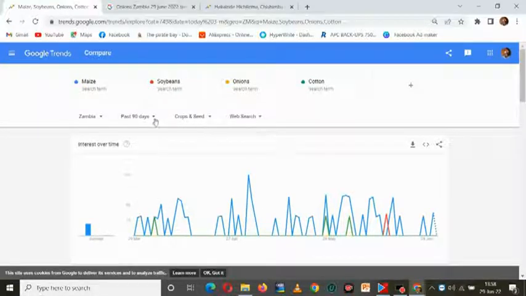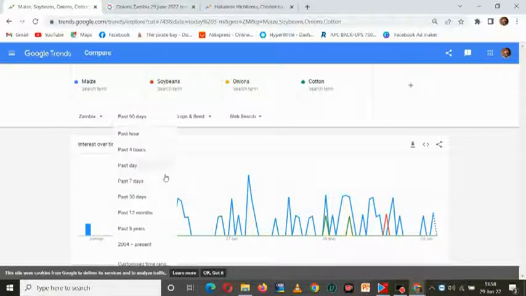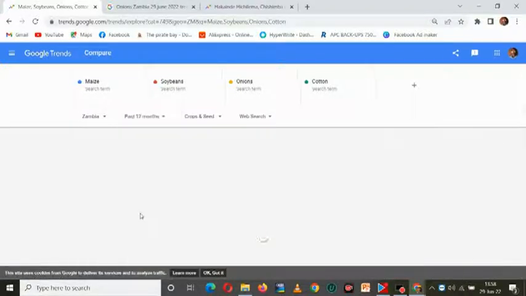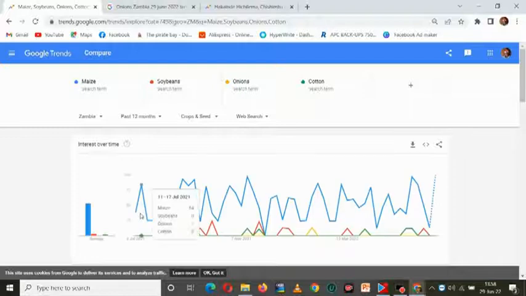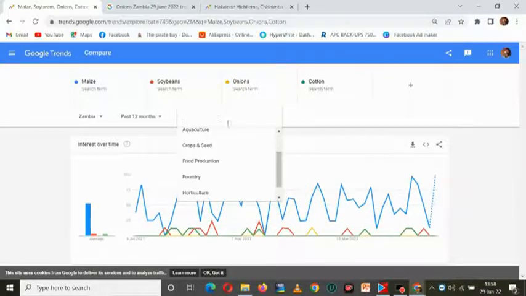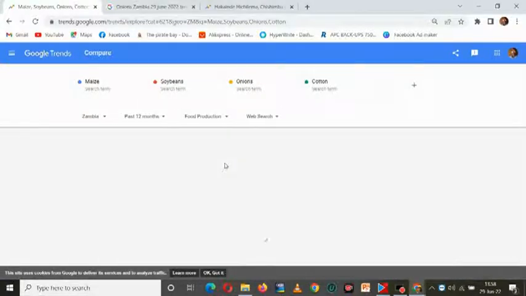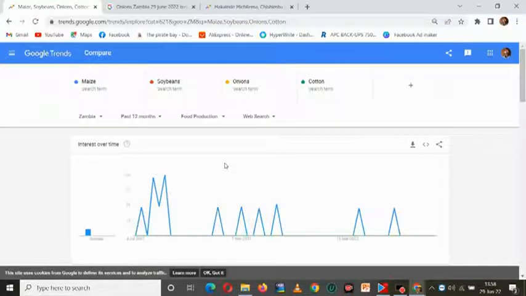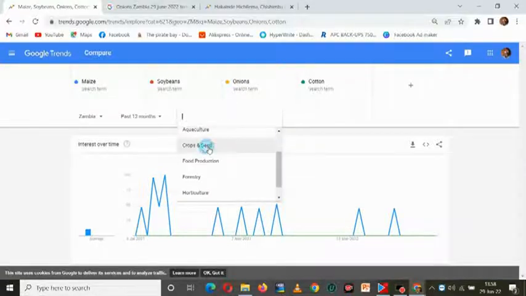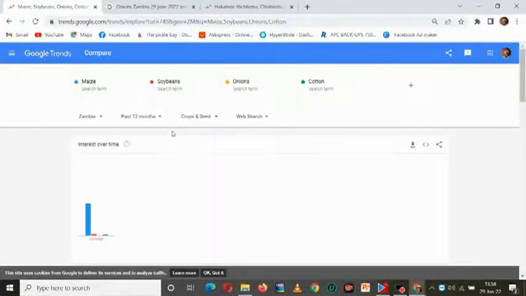No. Let's expand it to 12 months. Yeah, there are people who talked about onion a little bit. Maybe let's go to food production. Food production doesn't give us much data, so I think let's go to seed production.